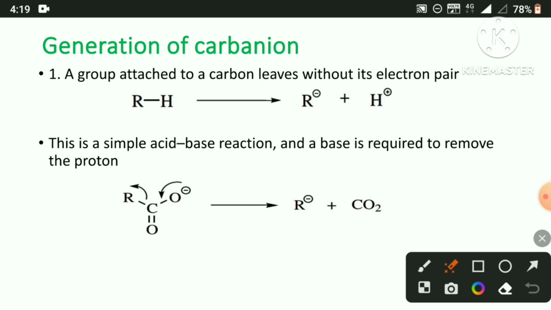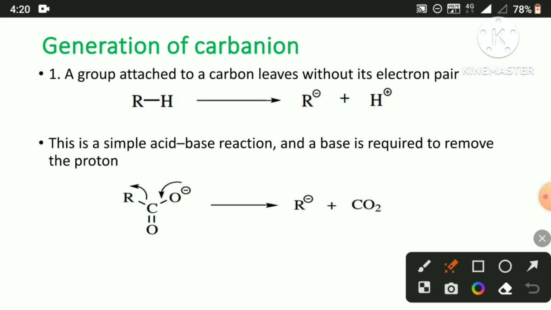So in the first case, a group attached to carbon leaves without its electron pair. In this case, it's a proton. If the proton leaves without its electron pair, that electron pair goes to the alkyl group, that is the carbon atom. So the carbon atom acquires a negative charge, so it is a carbanion.